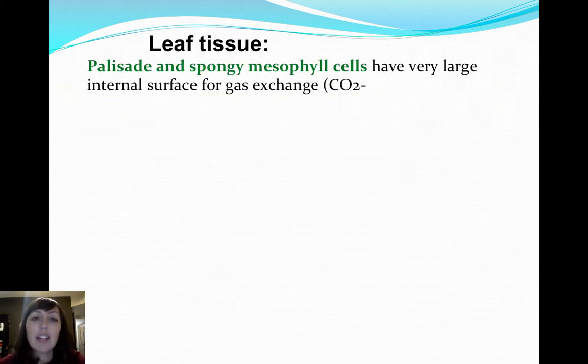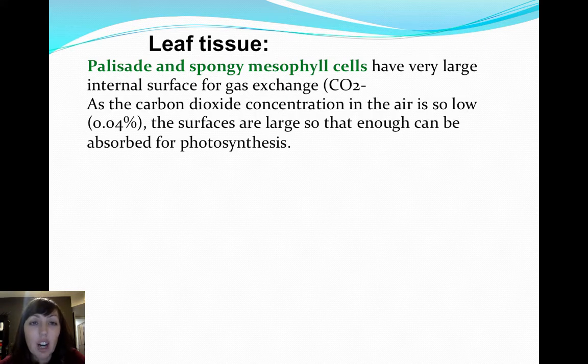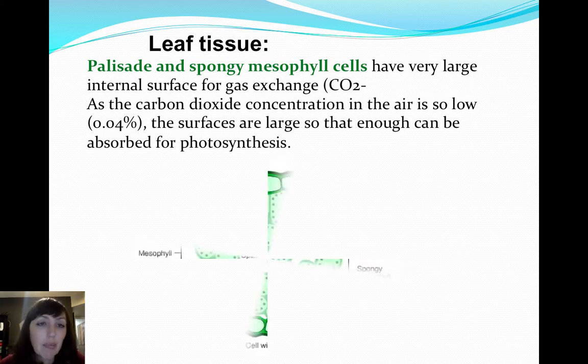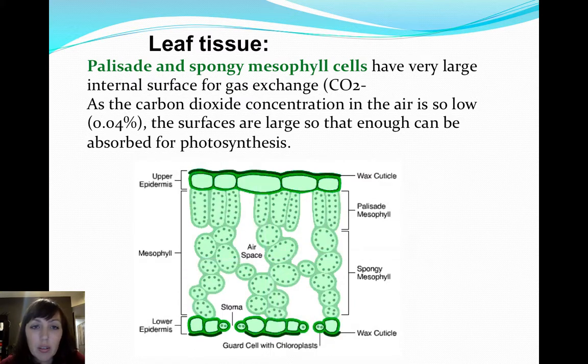Okay, palisade and spongy mesophyll cells have a really large internal surface, and it's completely for gas exchange. As the carbon dioxide concentration in the air is low, the larger surfaces are able to absorb more for photosynthesis. You do have to know the anatomy of a cross-section of a leaf as well as the root and stem.